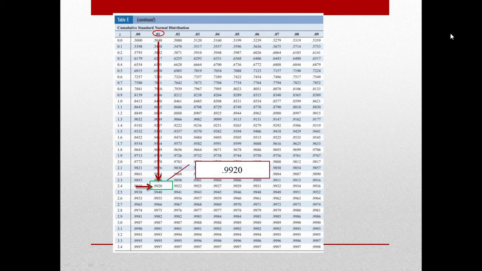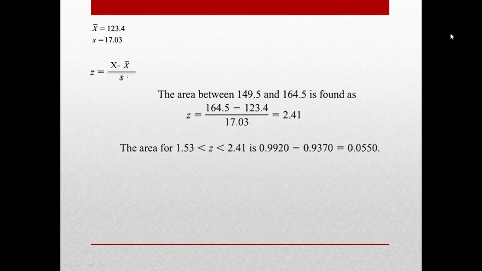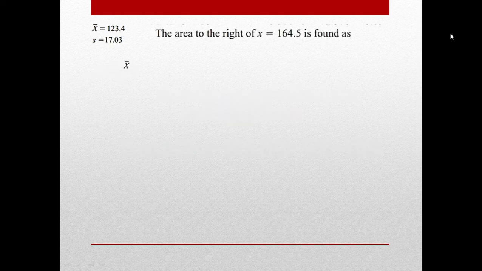So the area for Z greater than 1.53 and less than 2.41 is 0.9920 minus 0.9370, which is equal to 0.0550.